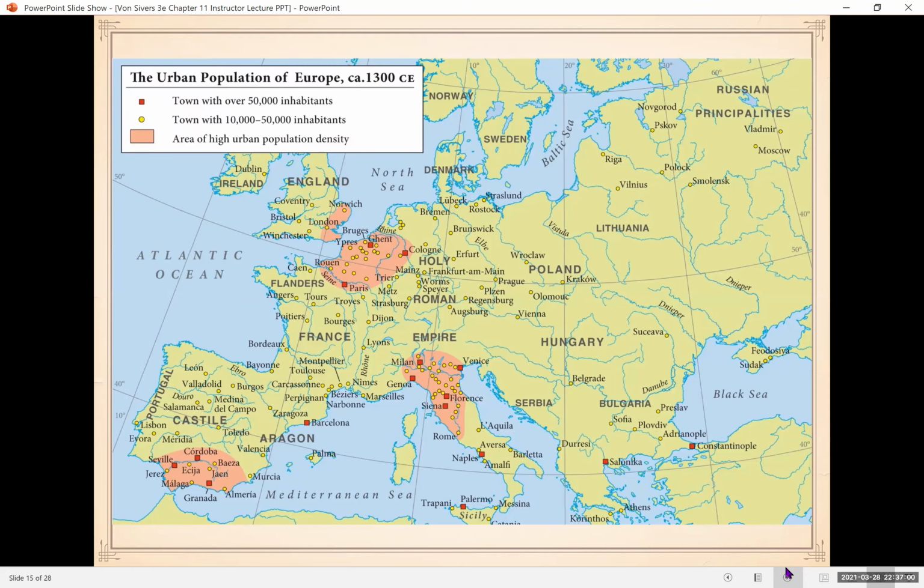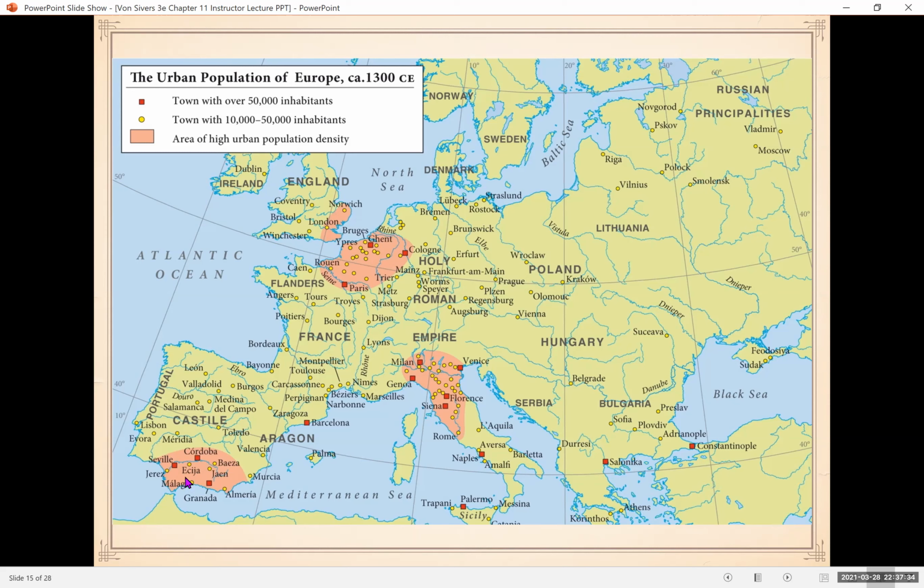The urban populations that we will see in the north of the Italian peninsula, we will see a very high density area here in England and in what we call the lowlands, which is Belgium and the northern part of France, of course, with Paris. And there is plenty of area in Europe that doesn't have a lot of settlement.